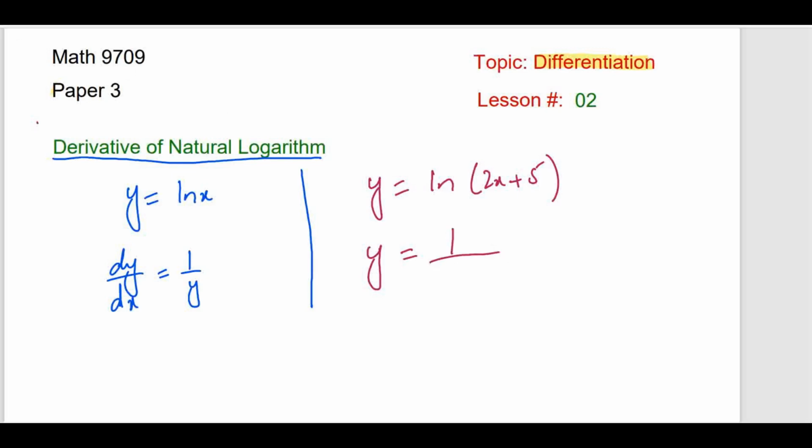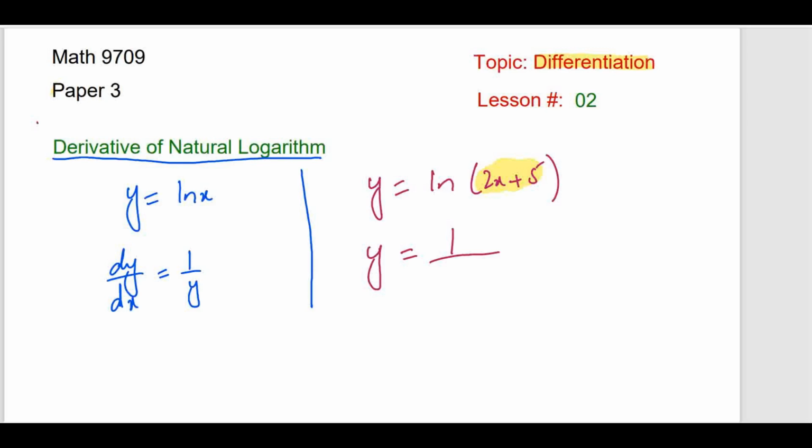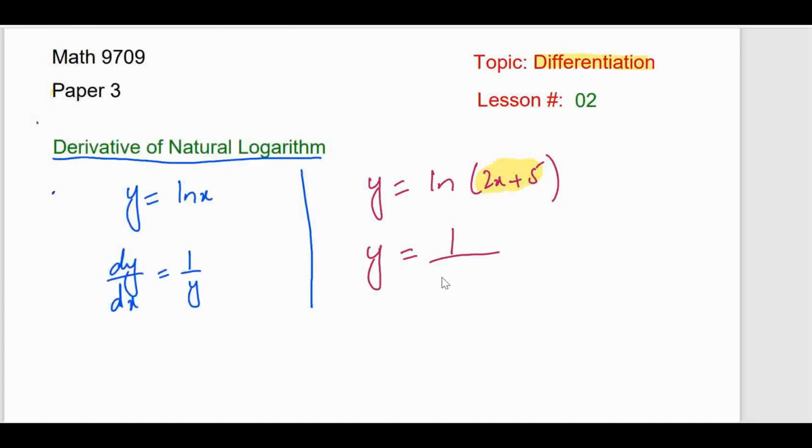If we compare it to the formula given in the formula sheet, we can observe that our x is 2x plus 5. So we have to write it over here, 1 by x.